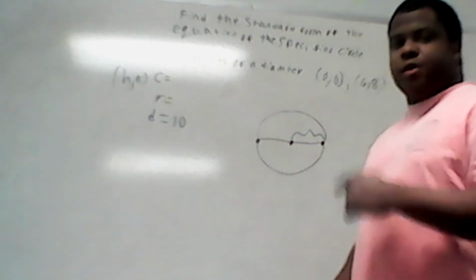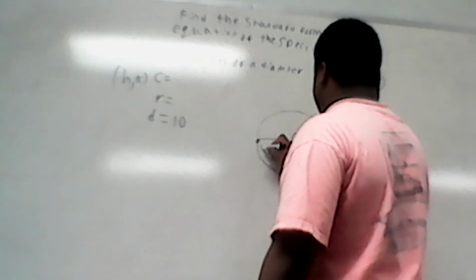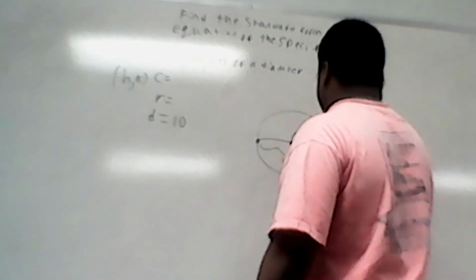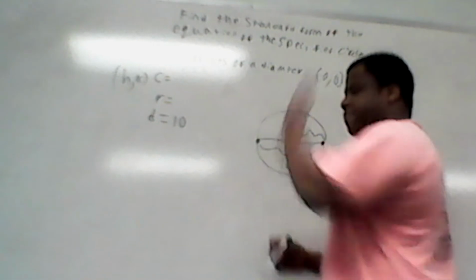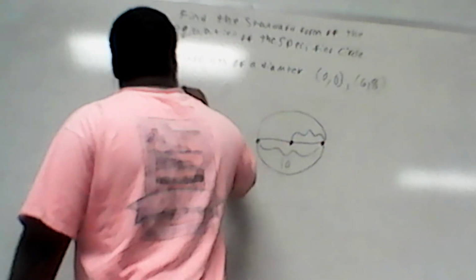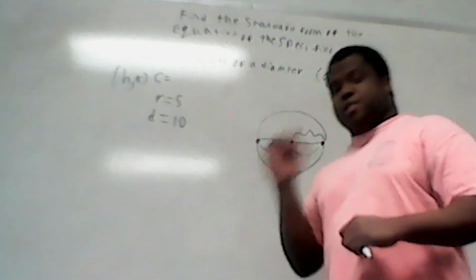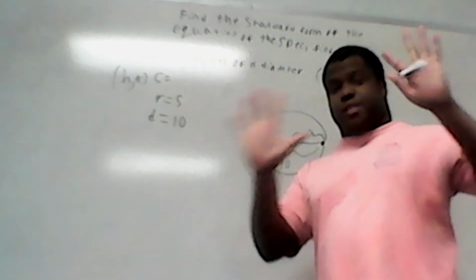So the radius is always half of the diameter, right? So if the whole diameter is 10, then I know if I divide it in half, my radius is 5. Okay? So now I know my radius is 5 and my diameter is 10.